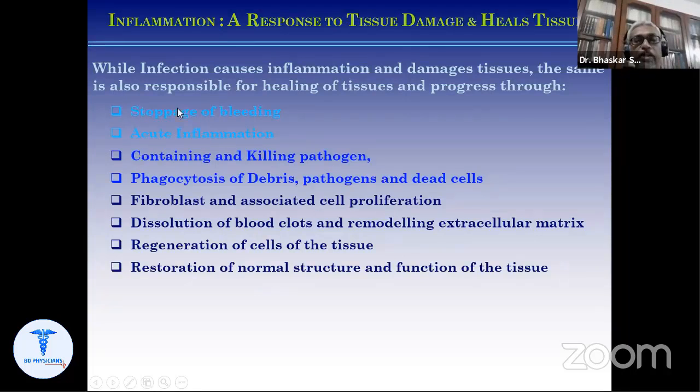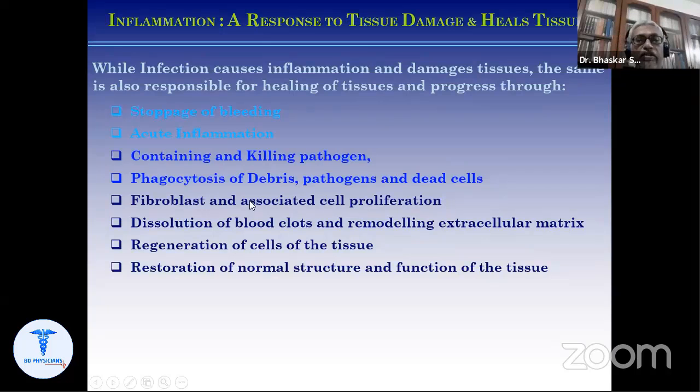How the inflammatory response happens, we have discussed in the previous slides. As a result of this inflammation, the leukocytes reach the site of infection, prevent the spread of pathogens, and kill them. As a result, there is damage of tissue and pathogens, and release of debris and dead cells. Dead cells and pathogens are phagocytosed so that the area is cleaned, and then fibroblasts and associated cells start proliferating.